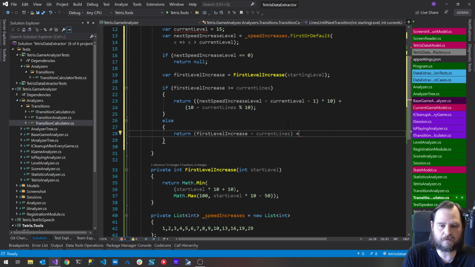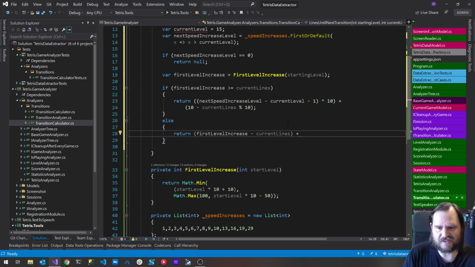So if we started on 15 and we were at 80, we need to first get to 20. Actually, that would be a speed increase.